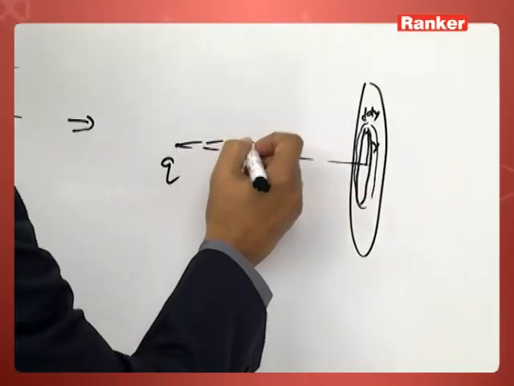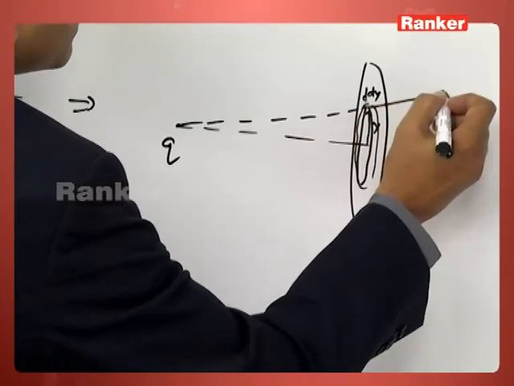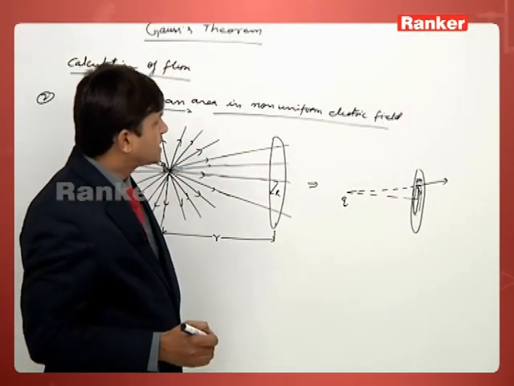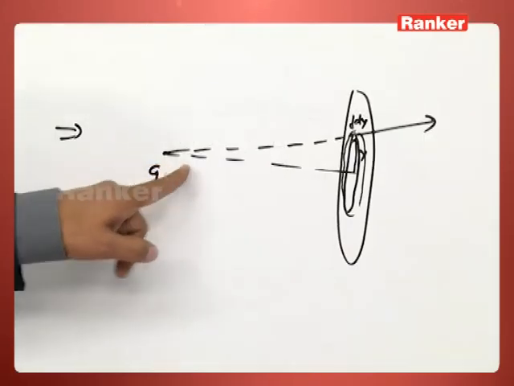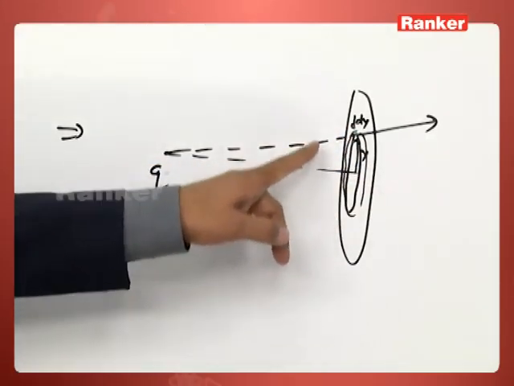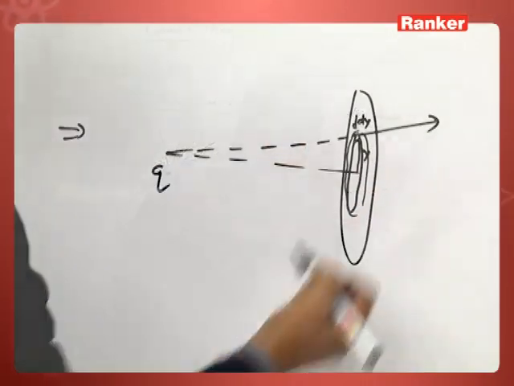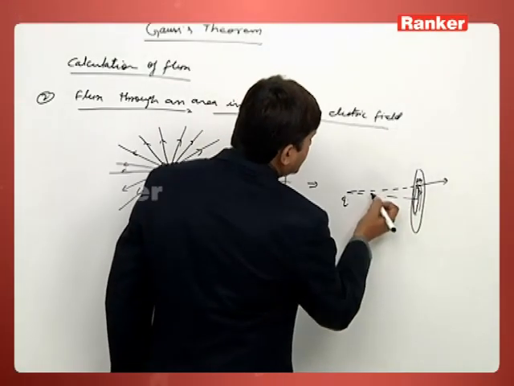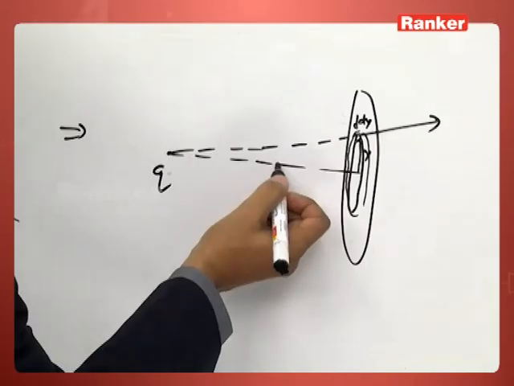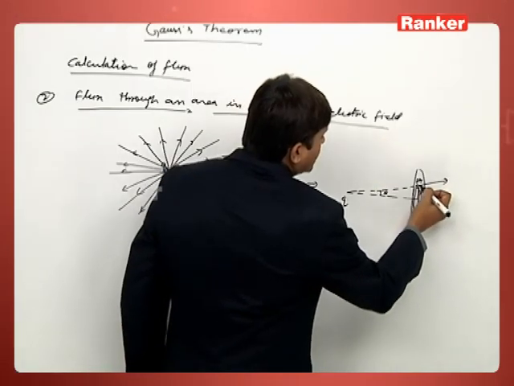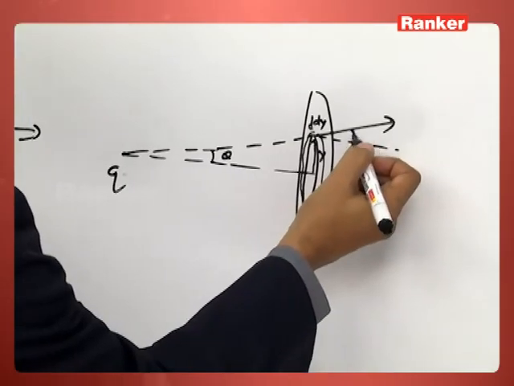Since every point on this ring is at the same distance from the point charge, the magnitude of the electric field will be the same, but the direction may be different. So let the angle made by this electric field with the axis be theta, and this is the area vector direction.